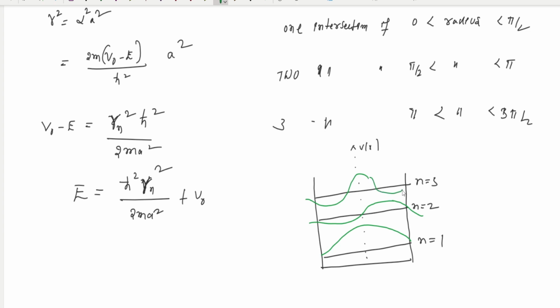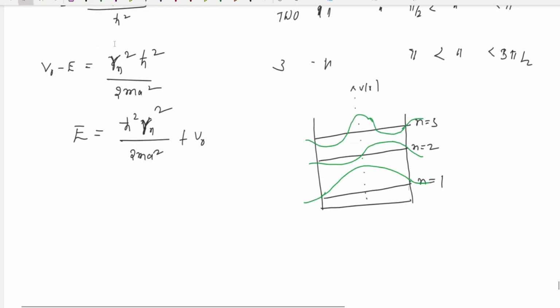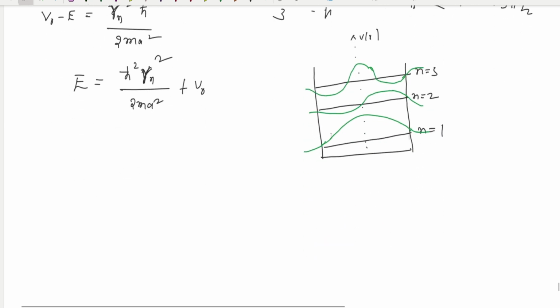This is continuous. There is no break here. Okay? So like this, these are the first three bounded state eigenfunctions of the finite potential. Right.